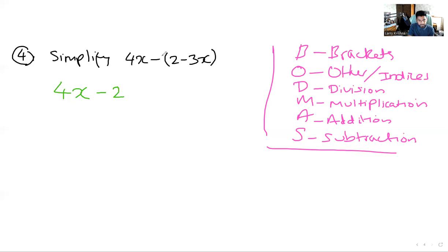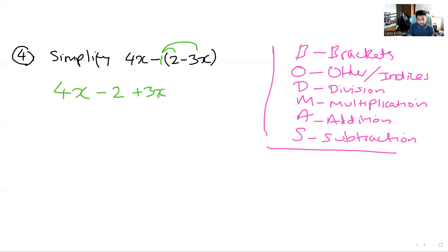Let's put the 1 here to be safe so everyone's aware. There's a little imaginary 1 there. So -1 times 2 is -2. -1 times -3 is going to be +3. So plus 3x, because remember, the x is attached to the 3.